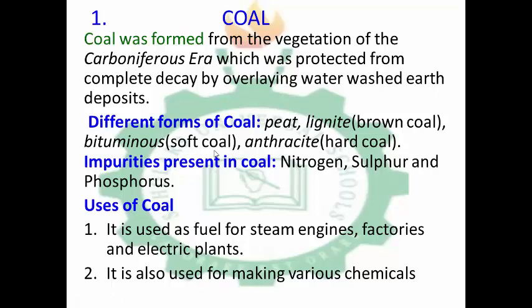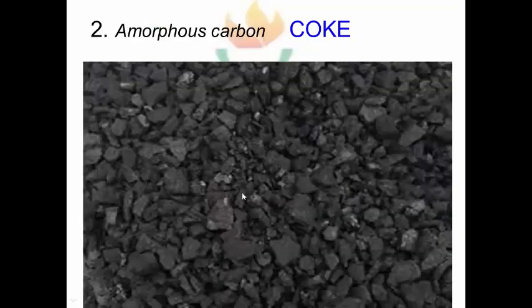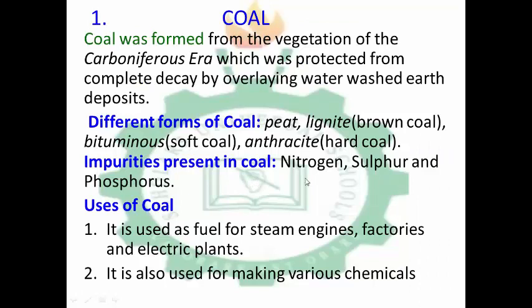So those are the four forms of coal that are popularly known. Some impurities are always attached to coal when mined from underground, impurities like nitrogen, sulfur, and phosphorus.